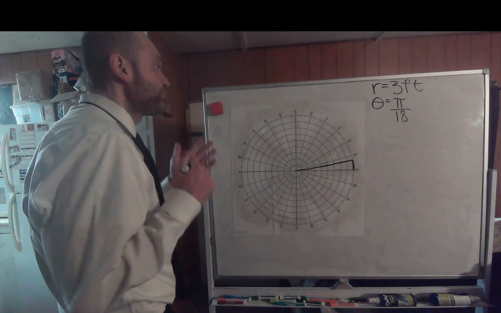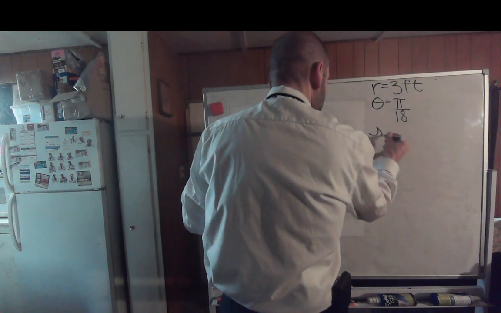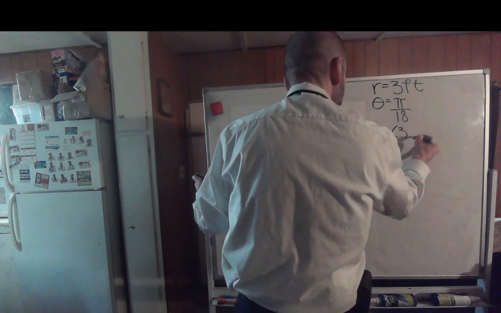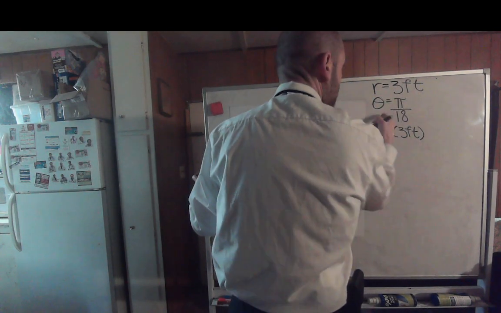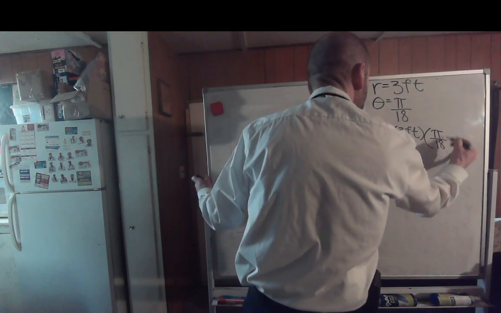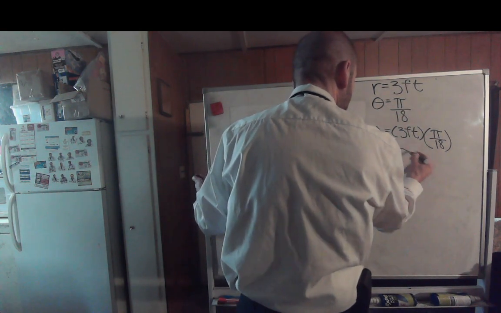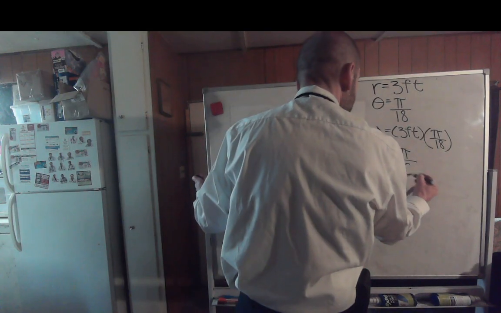So the arc length S is going to equal my radius of 3 feet times my theta of pi over 18, which means I have an arc length of pi over 6 feet.